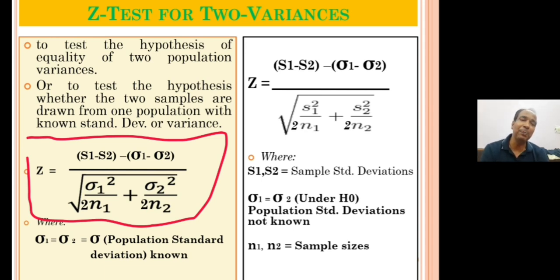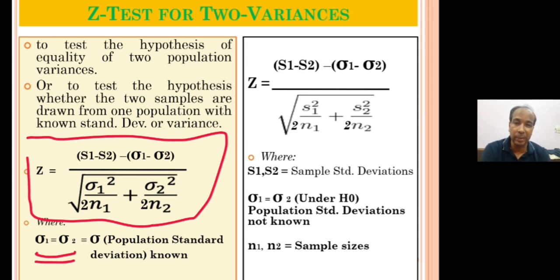Under the null hypothesis, sigma 1 and sigma 2 will be equal to sigma. If there is one population whose standard deviation or variance is known, and two samples are drawn from this population, and the test is conducted for testing whether the two samples are drawn from only one population, then this statistic will be applied.